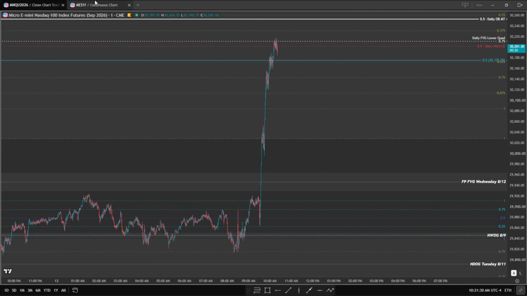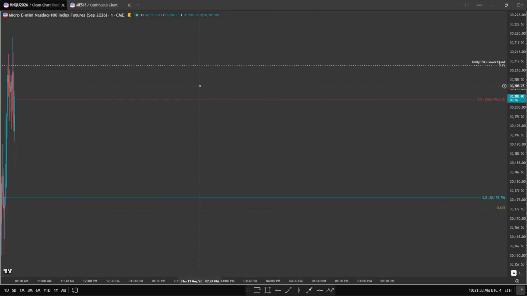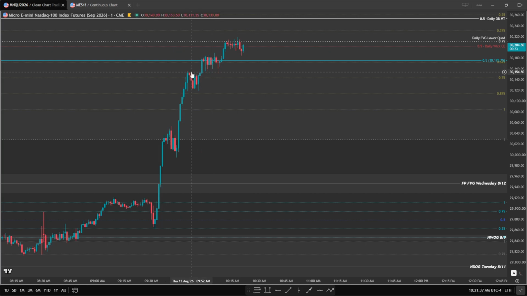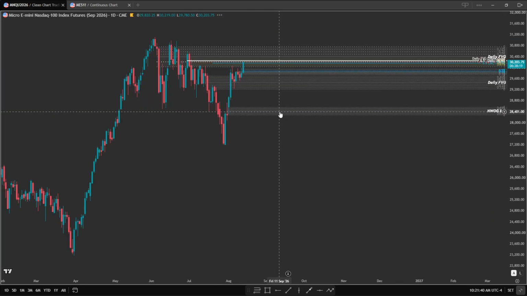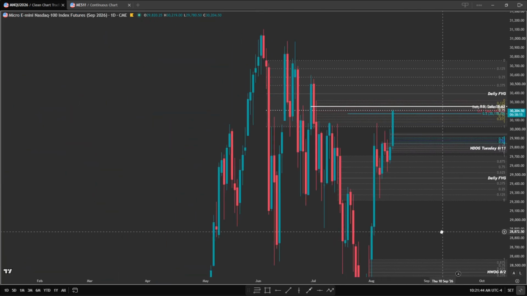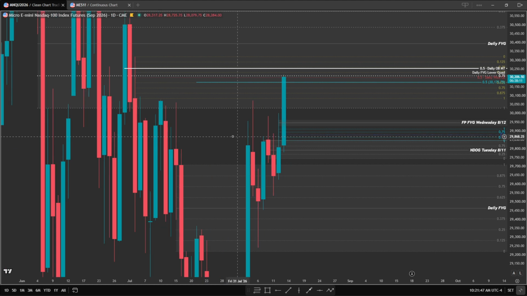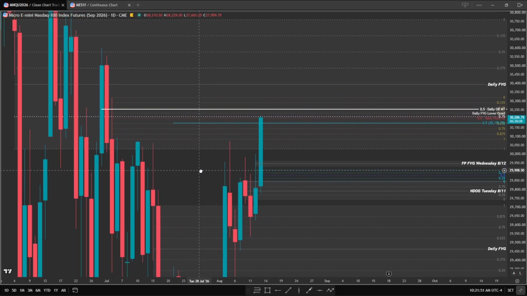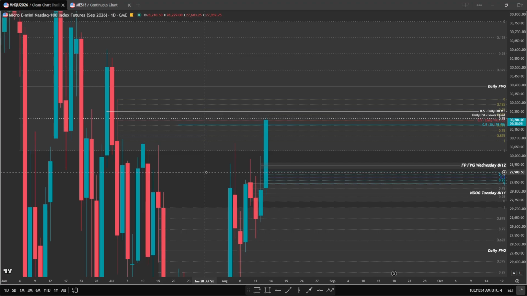So while this seems really strong, and it could be really strong, now that my target has been met and we're up in this premium on the daily chart, I want to start leaning short again. They're taking a lot of buy side up here.